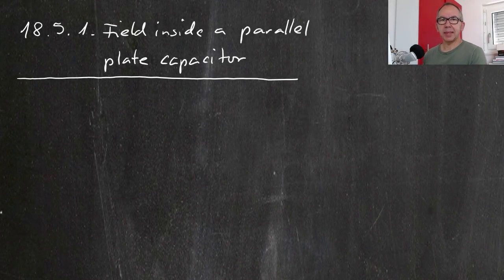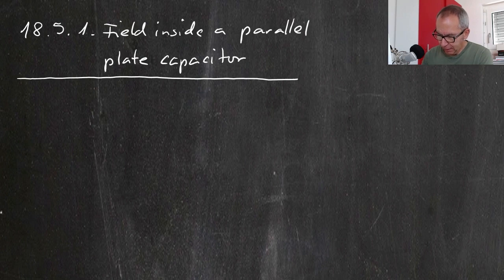Let's apply this to a parallel plate capacitor and calculate the field in between the two plates. So as a repetition, a parallel plate capacitor was two metal plates parallel to each other with a certain spacing.